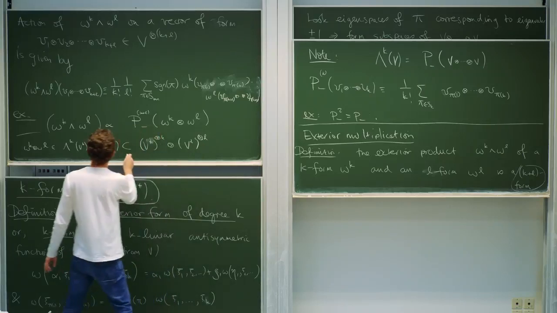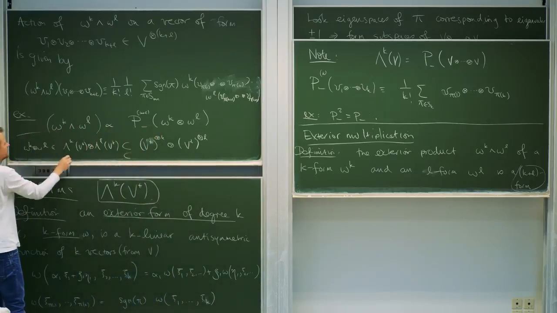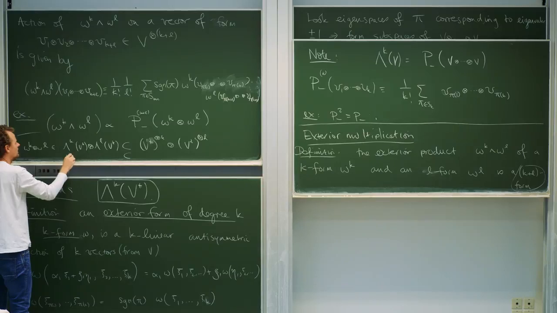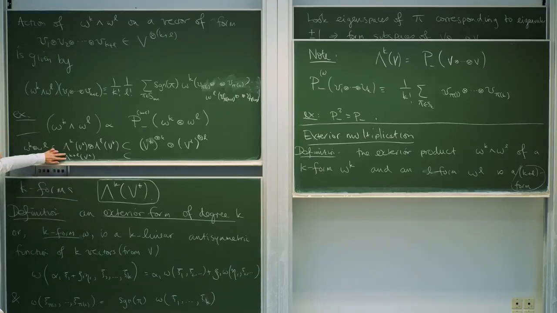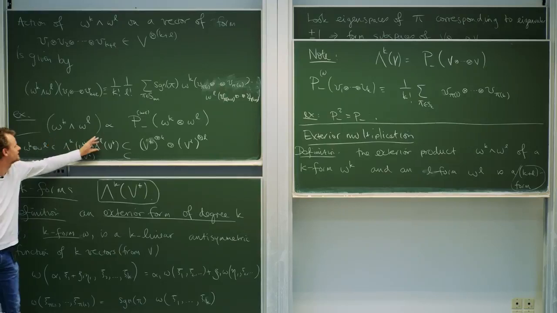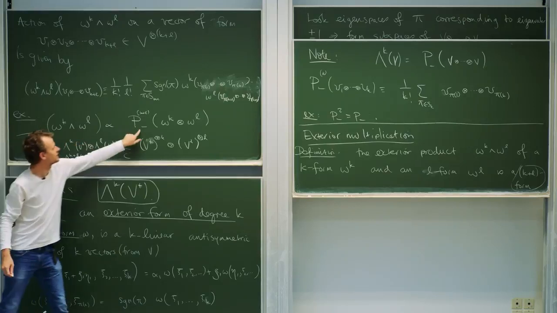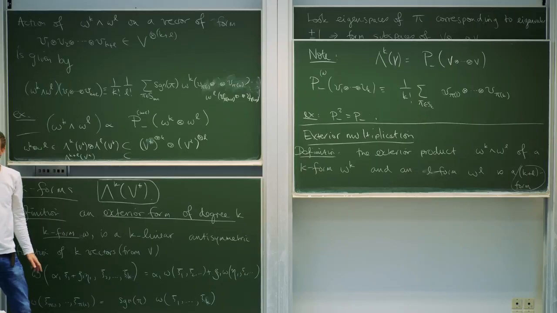There's another subspace that we want the wedge product to end up in, and that's wedge k plus L of V star. That's also a subspace of that. It turns out this subspace does not perfectly contain that subspace. There's stuff that goes outside. And in order to restrict yourself to the subspace of these that lands in here, well, just project onto that subspace. So that's what the wedge product is doing there.